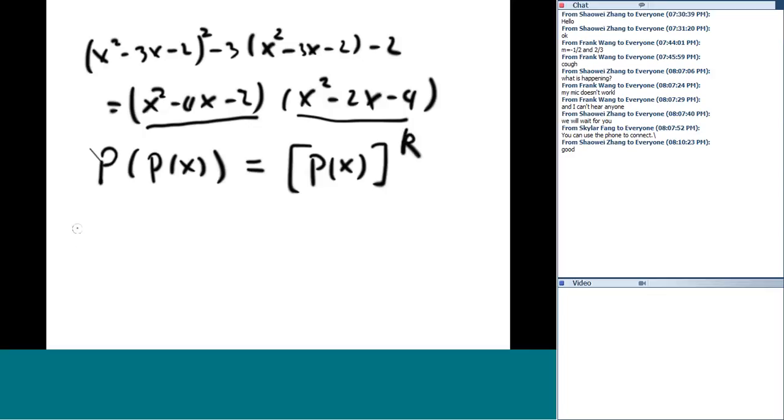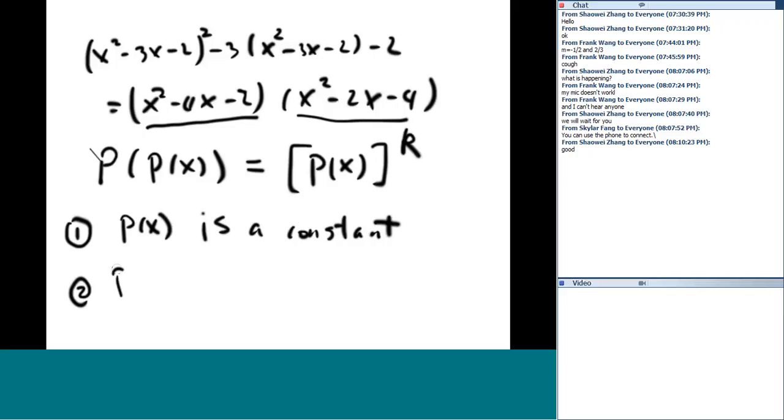One case is P(x) is a constant. If P(x) is a constant, then it's easy. Then case 2, P(x) is not constant, so it has at least some x term. So P(x) can have infinitely many values.